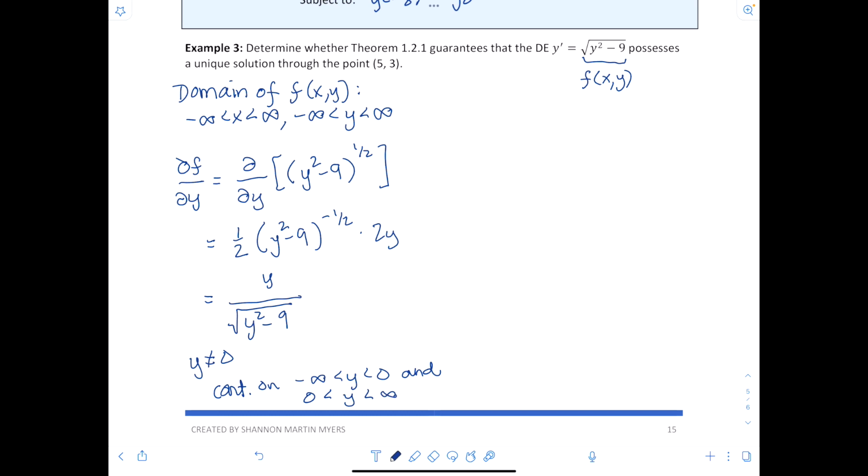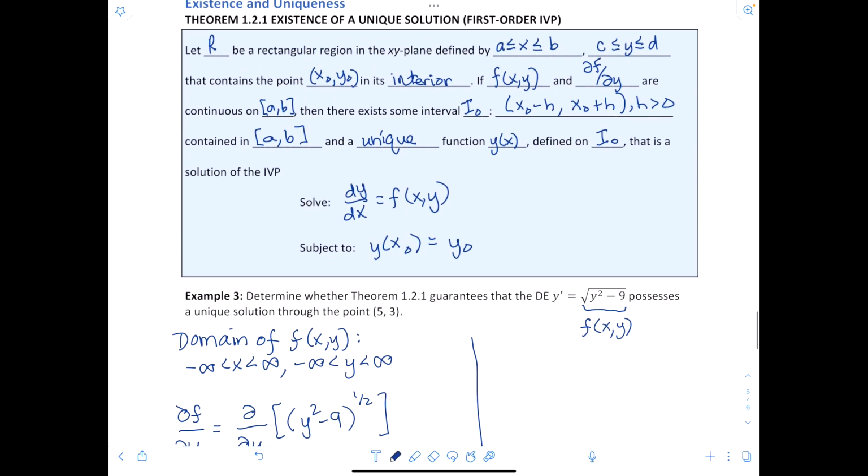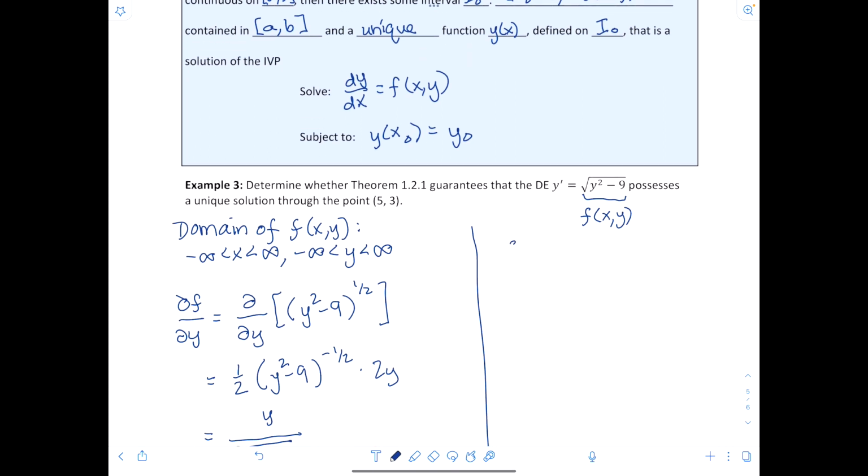In other words, y can't equal 0. So let's just take a look here. What is our x0, y0, right? Because we need to figure out f of x and y. So f of x and y, we're supposed to plug in 5 and 3, right?